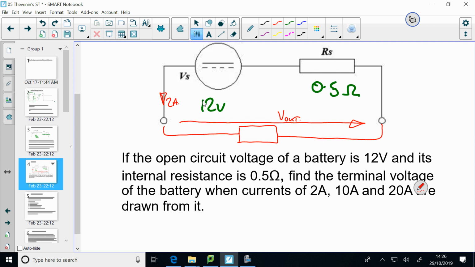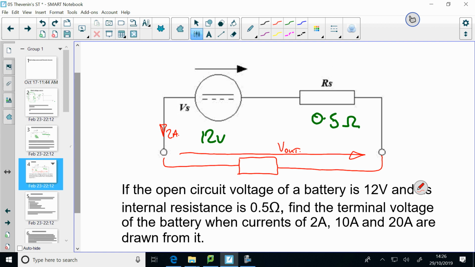Say the current is 2 amps going that way. Have I not got a volt drop, VRS, there? Can I not calculate that? Because I know the current going through it and I know the value of the resistance.